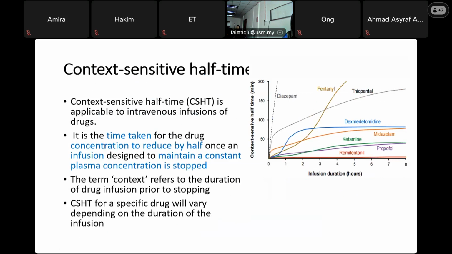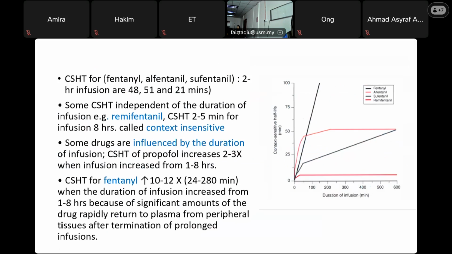These are just facts, you can look them up anywhere. I just want to tell you that the context sensitive half time of each drug depends on the infusion.